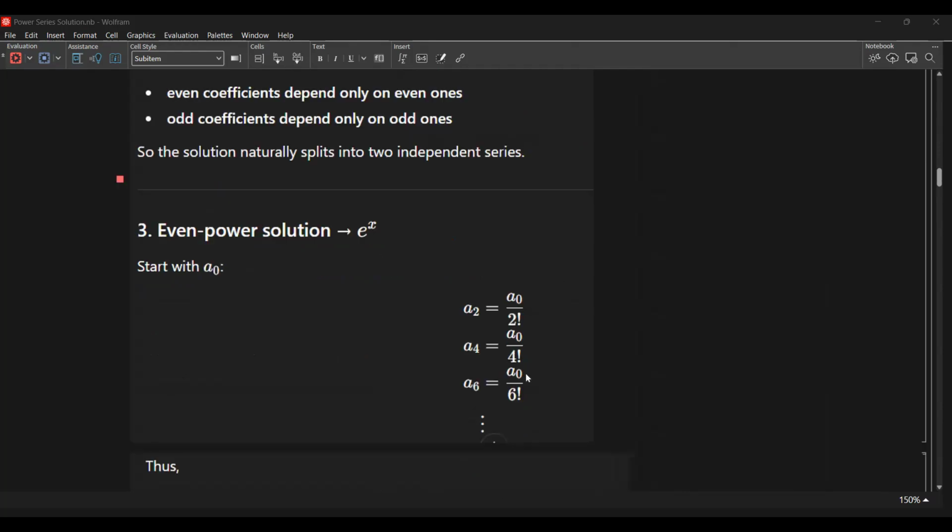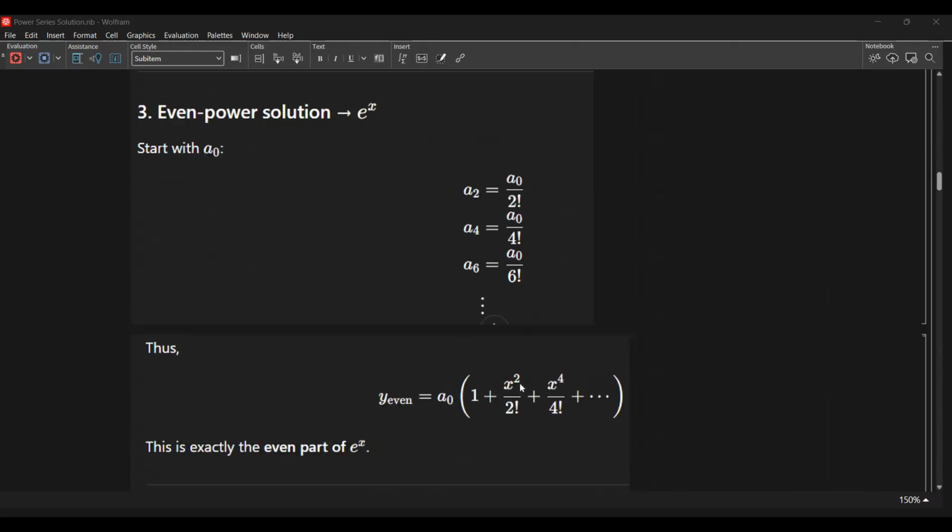So we have c sub 0 over 4 factorial. We just use c sub 0 as our first equation, then later on we substitute that in the later equations. So we have c sub 6 equal to c sub 0 over 6 factorial.